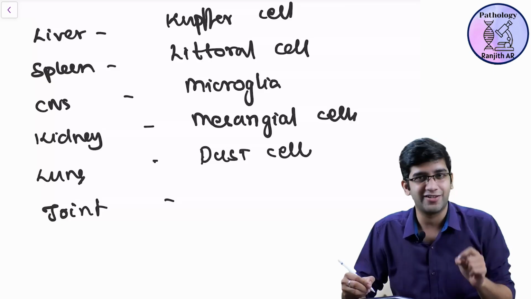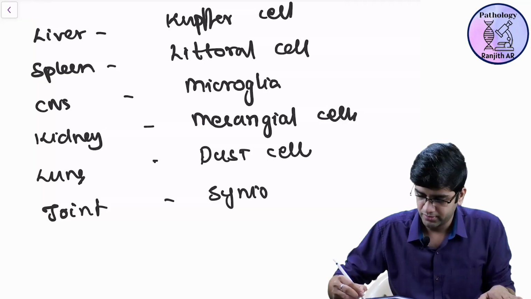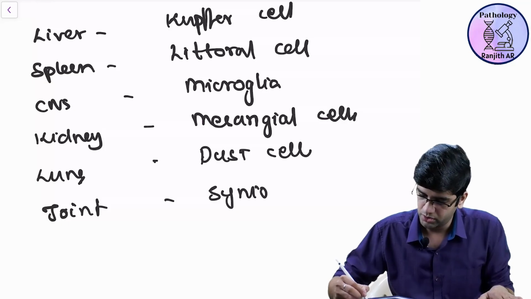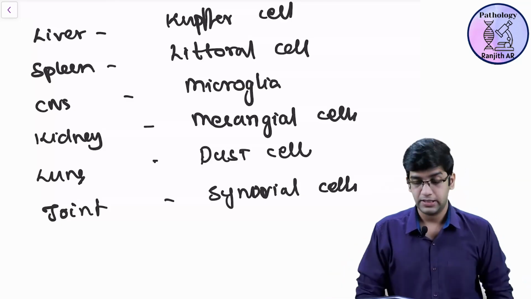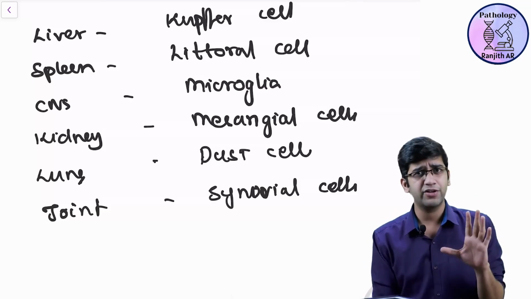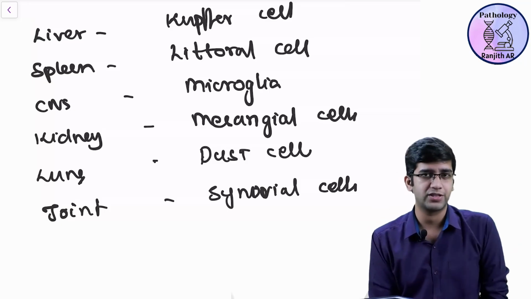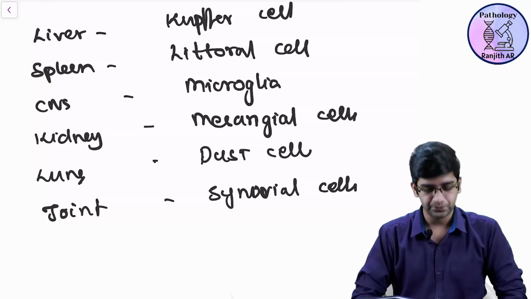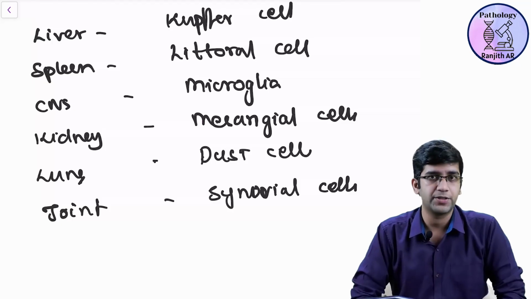Joint space has only one cell: the synovial cells, synoviocytes. So the synoviocytes are the macrophages in my joint space. I'm going to have different names, but the same function, everything else is the same. Just names.